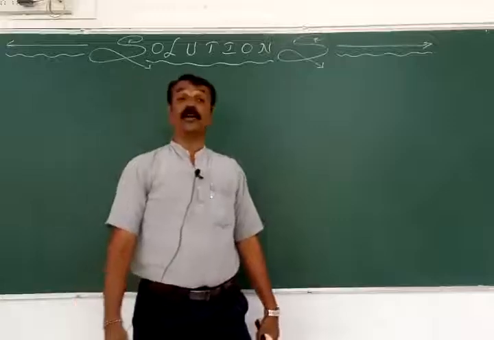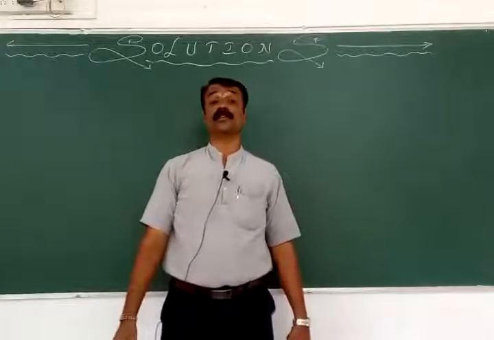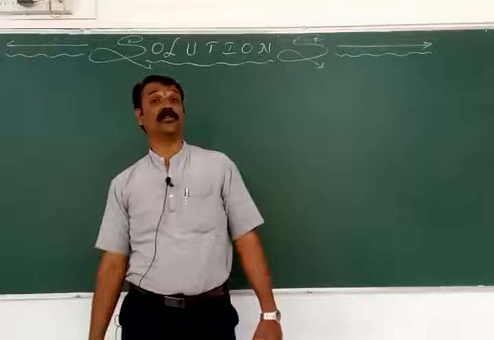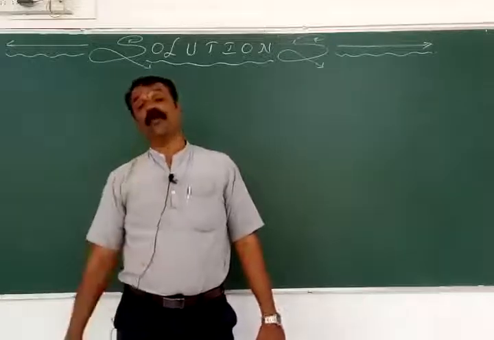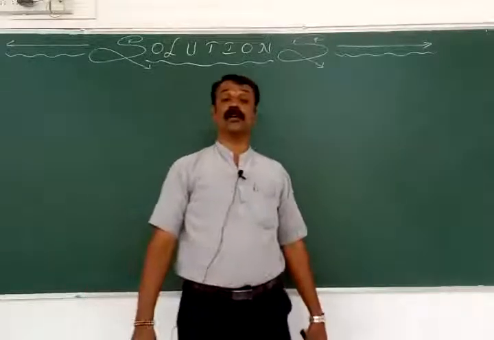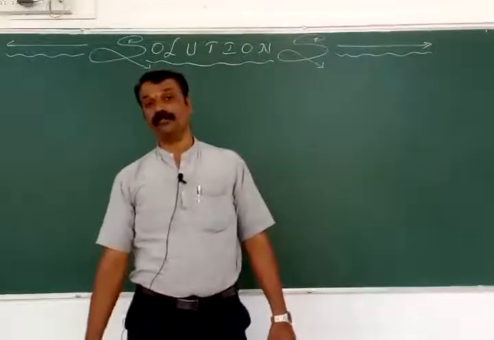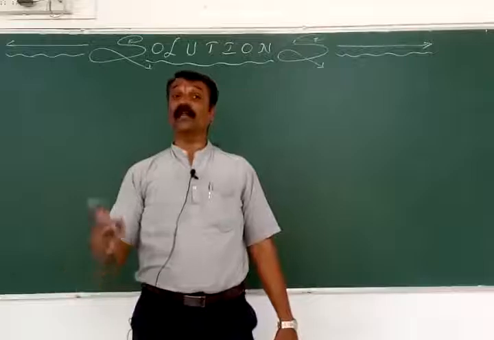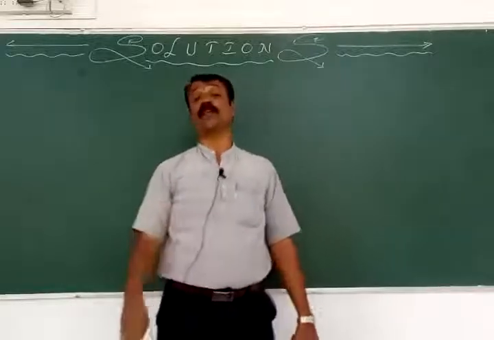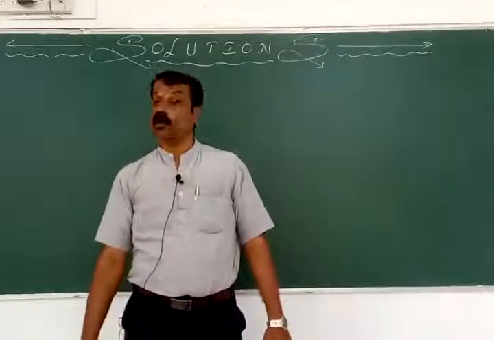Whereas the concept of liquid solution is explained according to Raoult's law of liquid mixtures, or it is also called Raoult's law of binary liquid solutions. Binary liquid solutions can be of 2 types, ideal and non-ideal solutions.